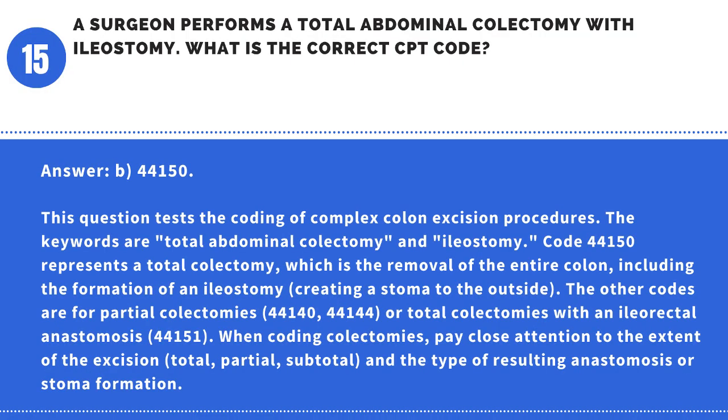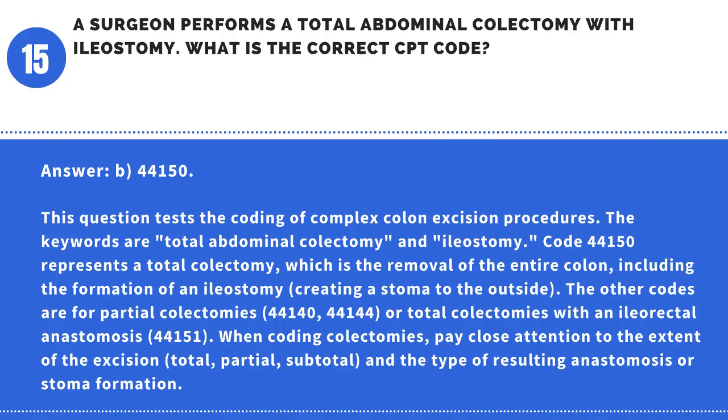44150. This question tests the coding of complex colon excision procedures. The keywords are total abdominal colectomy and ileostomy. Code 44150 represents a total colectomy, which is the removal of the entire colon, including the formation of an ileostomy, creating a stoma to the outside.